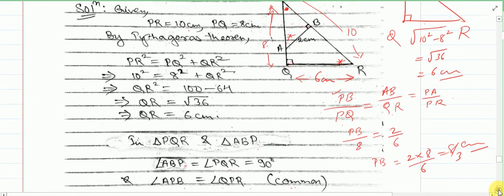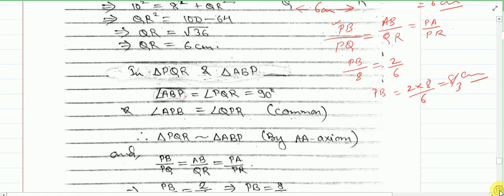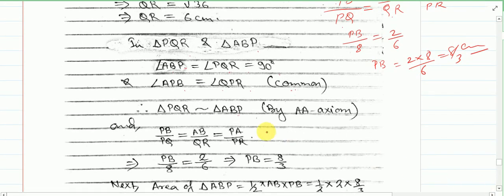So by angle axiom, these two triangles are similar, and since they are similar, sides are proportional. PB upon PQ is equal to AB upon QR equal to PA upon PR. Substitute the values, you get PB equal to 8 by 3. Clear?